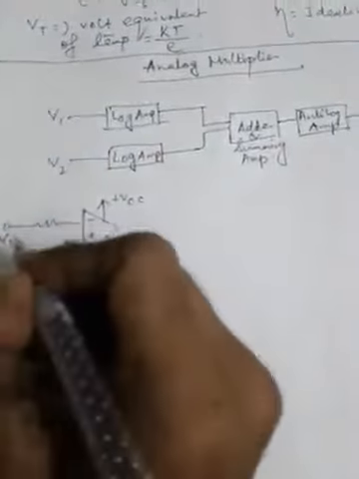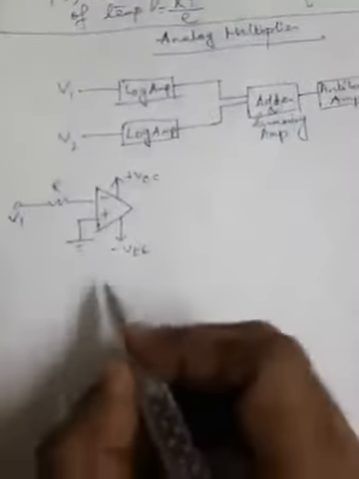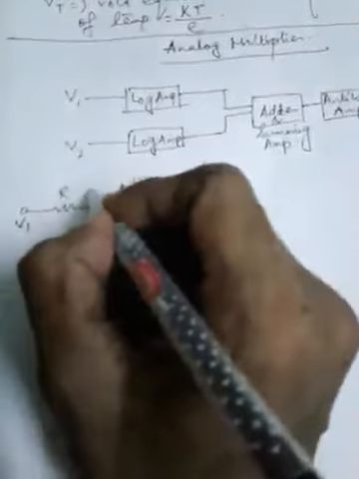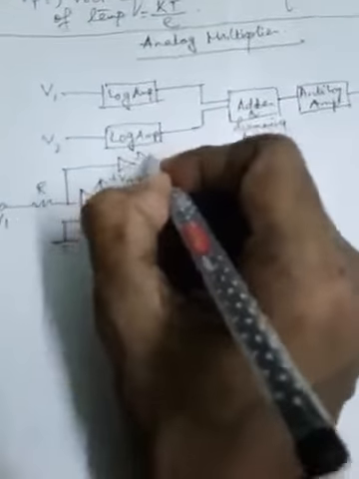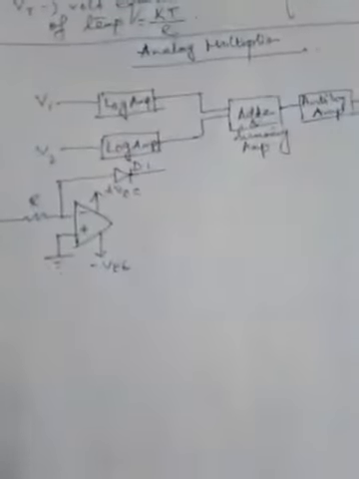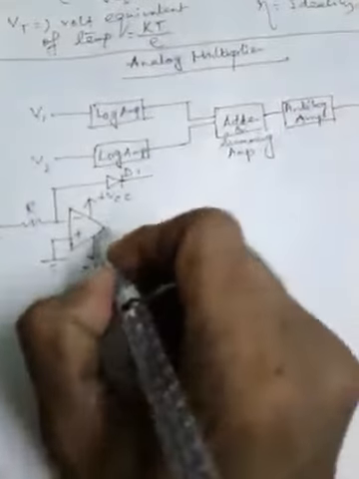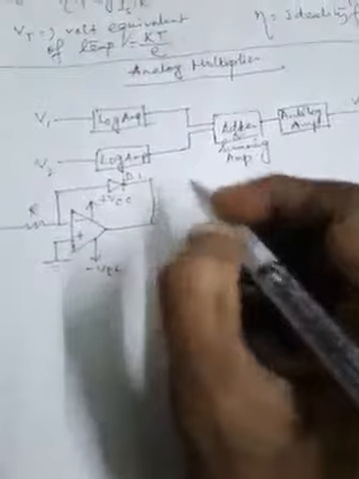So this is V1, this is R at the inverting input, and the non-inverting terminal is grounded. For the first log amplifier, a diode D1 is connected in the feedback path in this fashion.